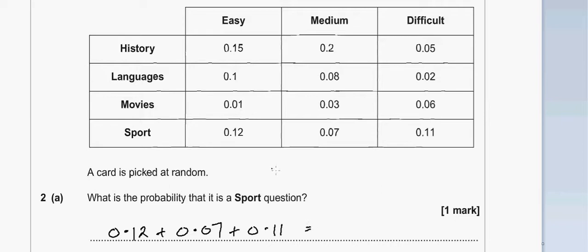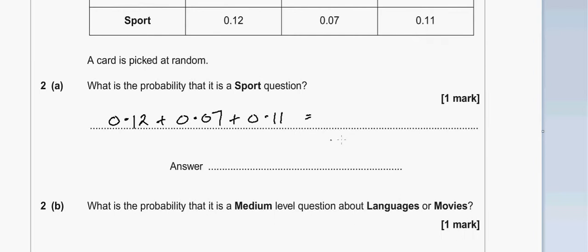Okay, so if you're going to get a sport question, it's going to be one of these 3. So it's just going to be that plus that plus that, because it's going to be an easy question or a medium question or a difficult question. And if you remember the and/or rule, or means to add. So we just add these together. So 0.12 plus 0.07 is 0.19 plus 0.11 would give us 0.3. So we would have a probability of 0.3.